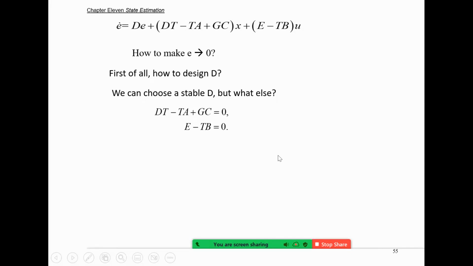If we can make those two equations 0, finally what we have is just E dot equals D times E. If we have this kind of equation, and D is stable, E will go to 0. Is that clear?